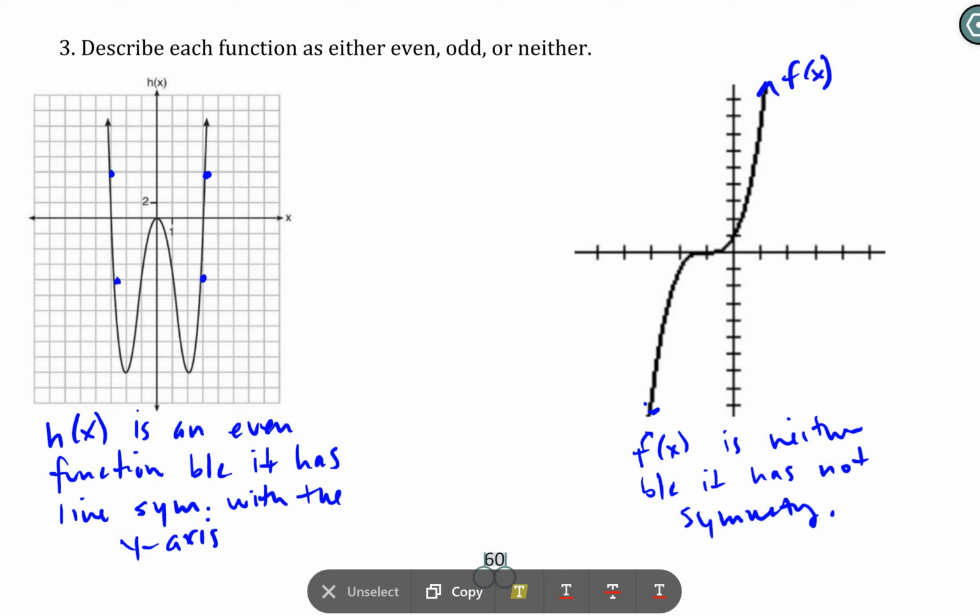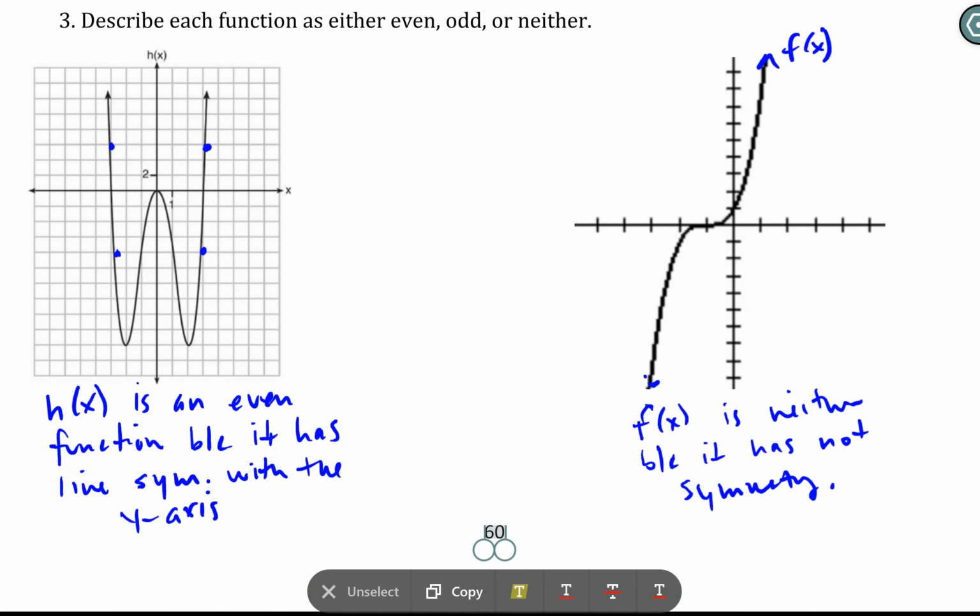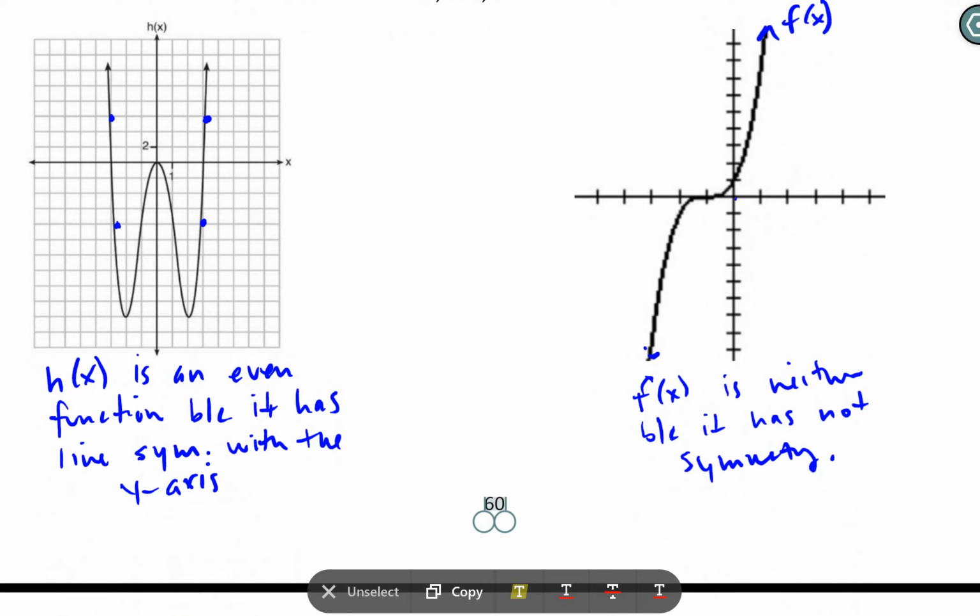This would be an odd function if it passed through 0, 0. It doesn't. So this point 0, 1, if I reflect that, it just becomes 0, -1, so that would be down here. So if I was to do that 180 rotation, it would be in a different location than where this graph is, so it doesn't make sense.